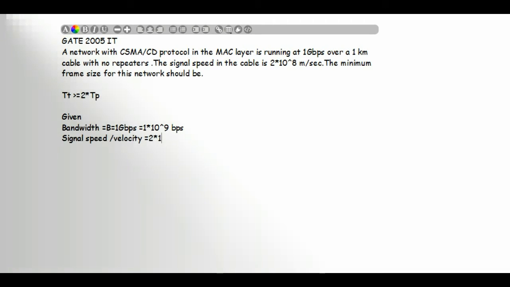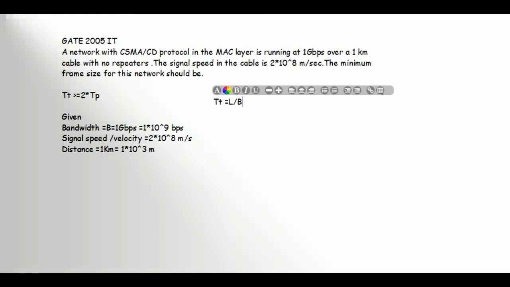Then signal speed, which we can also say velocity, is equal to 2 into 10 to the power 8 meter per second, and the distance is 1 kilometer, which is equal to 1 into 10 to the power 3 meter.